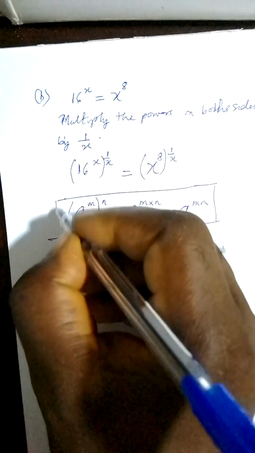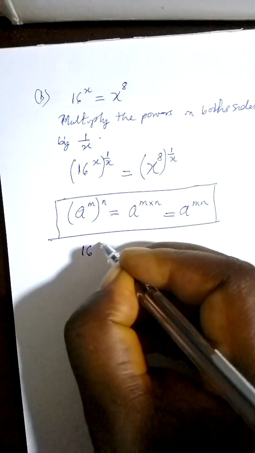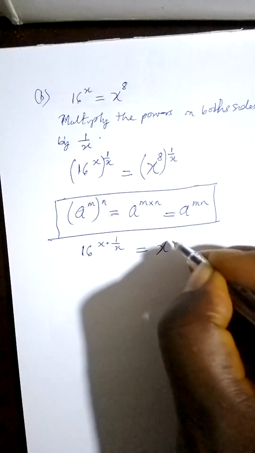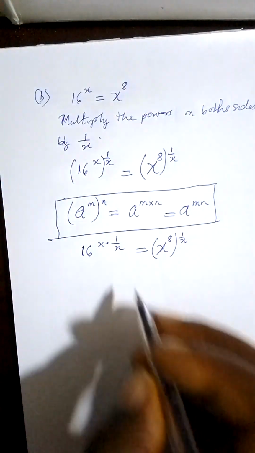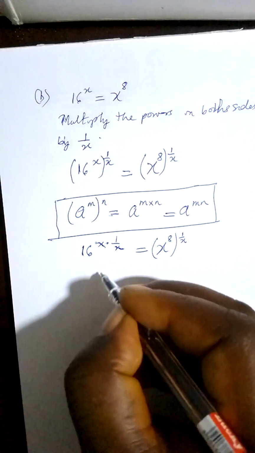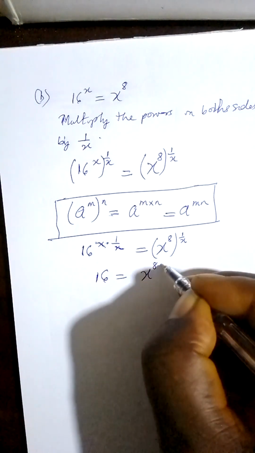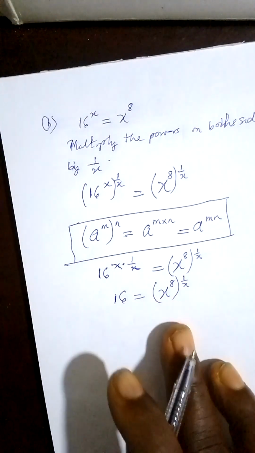So we have 16 to the power of x times 1 over x equal to x to the power of 8, all to the power of 1 over x. Okay, so this and this will go. So I have 16 equal to x to the power of 8, raised to the power of 1 over x.